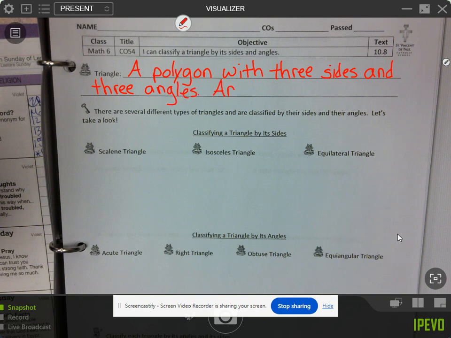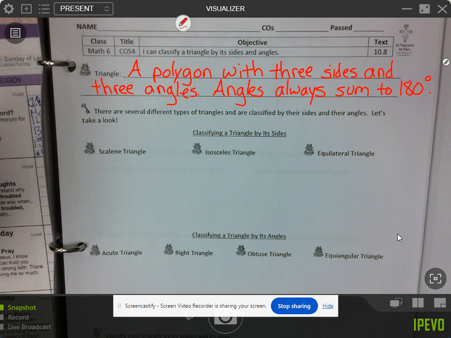This is important. The angles always sum to 180 degrees. What does it mean that they sum to 180 degrees?